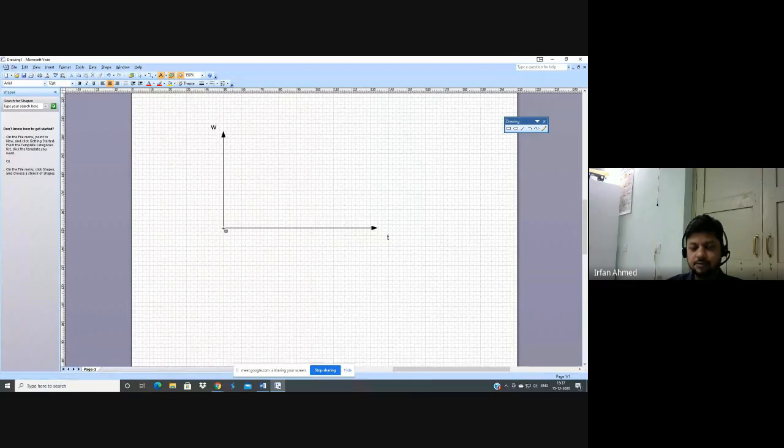Now at t is equal to 0, we are initiating the braking. Let us say this is the no load speed omega 0, and let us say the motor was running without any load.